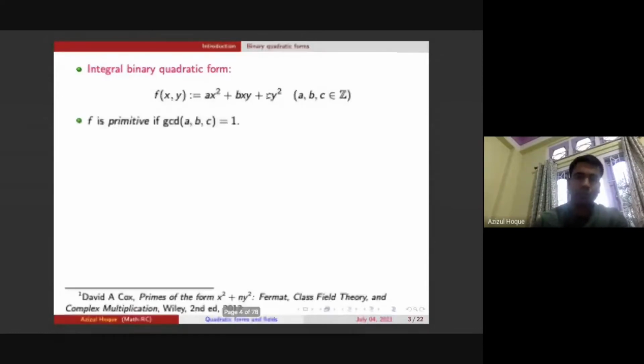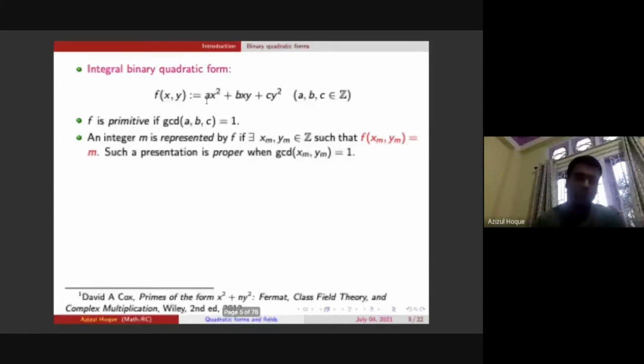Those types of forms are known as primitive binary quadratic forms. Now, if we fix a, b, and c and allow x, y to be integers, then this will give us integer values.